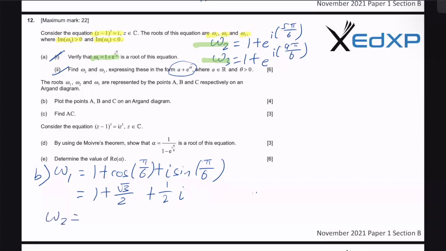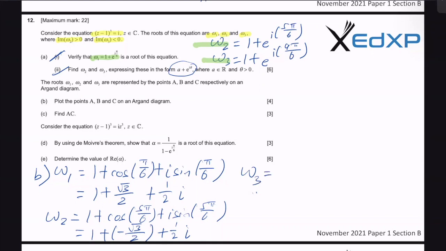Omega 2 will be 1 + cos 5π/6 + i sin 5π/6. Again, a special angle. Cosine of 5π/6 is equivalent to cos π/6, but the negative version because it's in the second quadrant, and sine 5π/6 is equivalent to sine π/6, which is a half. That's for omega 2.